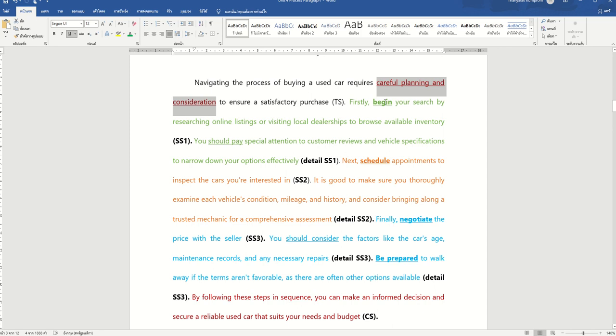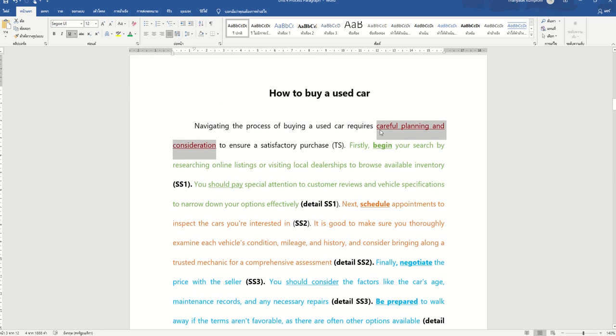So the controlling idea of this paragraph is careful planning and consideration. It means that the following information in this paragraph will be about careful planning and careful consideration. What are they? The first one, begin your search.